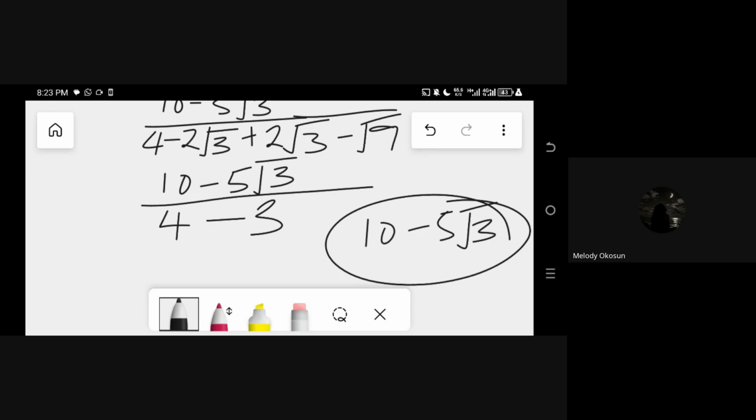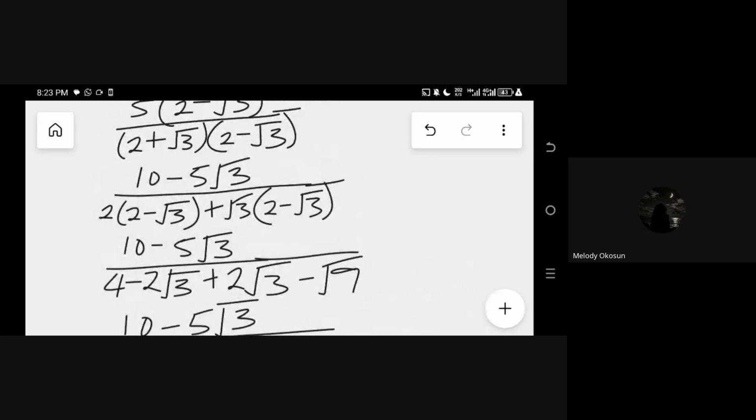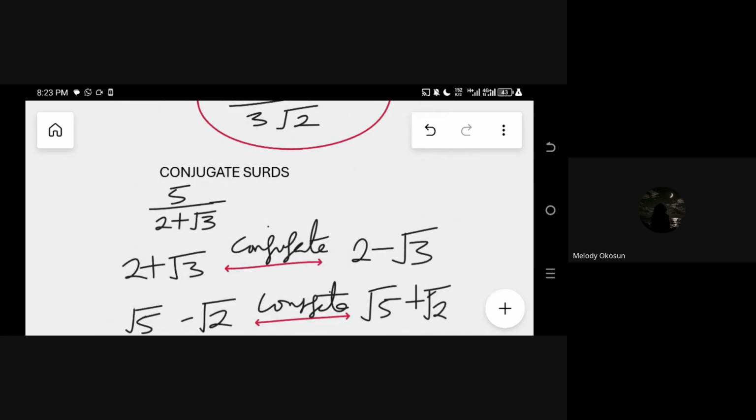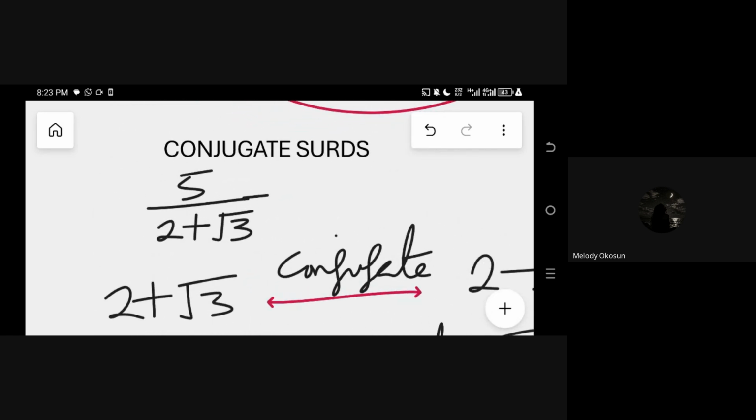So this is how you rationalize surds that are in this form, the conjugate form, like 5 over 2 plus root 3. Please take note, you only use the conjugate when you have some sort of expression, 2 plus root 3, 2 minus root 3, whatever it is, but at the bottom you have a plus or minus between two different terms.